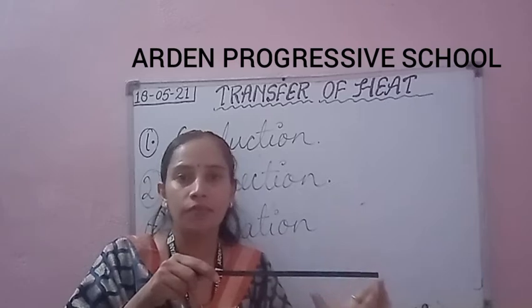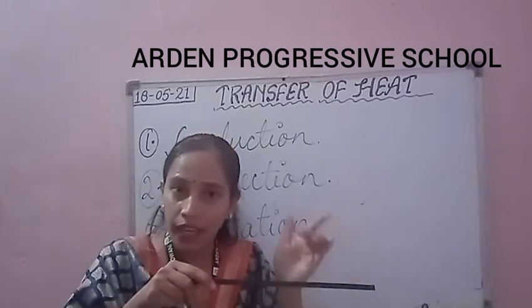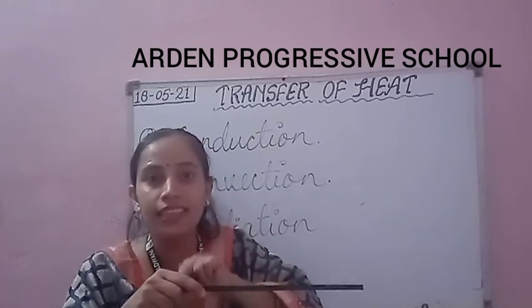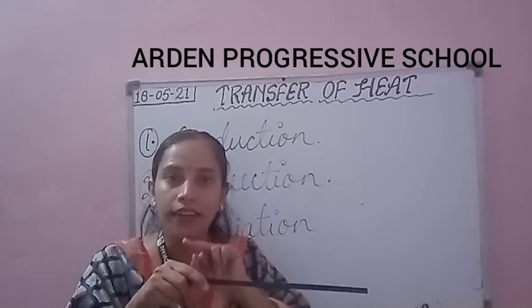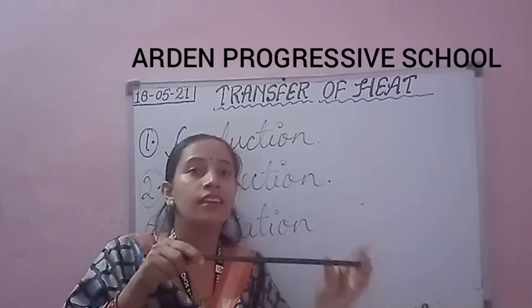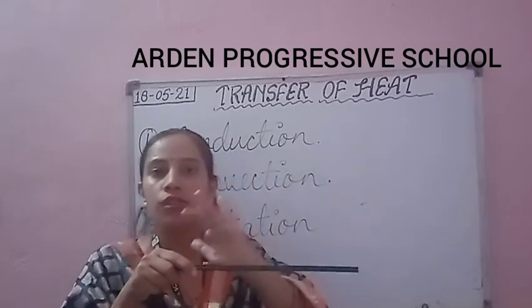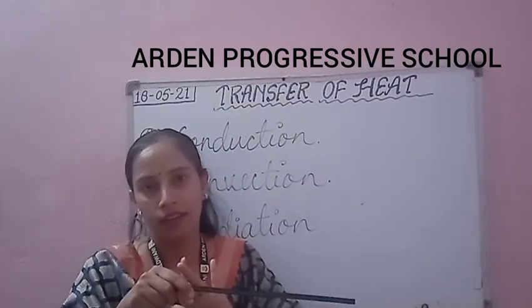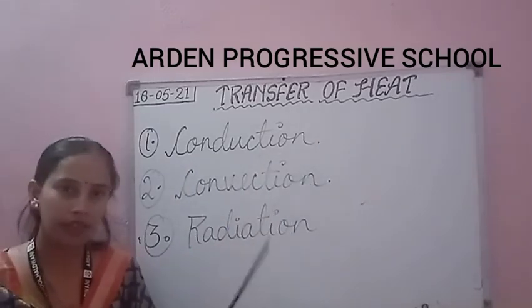And after 2-3 minutes, we will feel hotness in this colder end also. So this is the transfer of heat from the hotter end to the colder end. This process is known as conduction. Okay students?